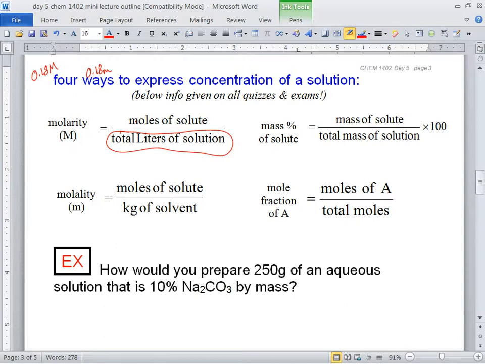We bring the total liters of solution to the top and the molarity number to the bottom. Remember doing that diagonal thing? That's all you got to remember, right? These 2 interconvert and those 2 interconvert. Okay, that's how you move stuff around. So let's try one of these.